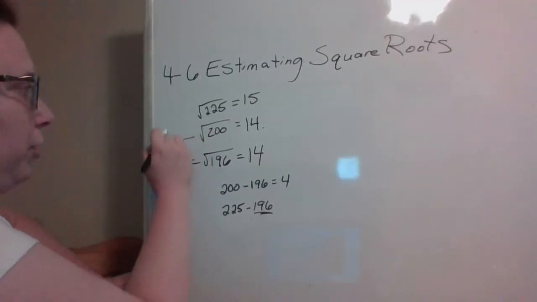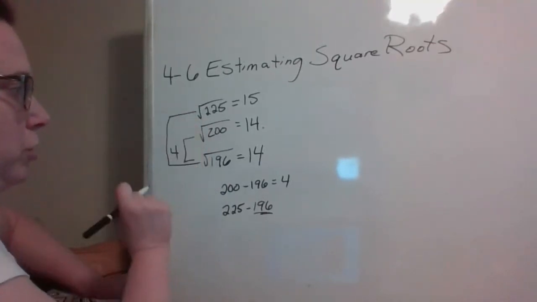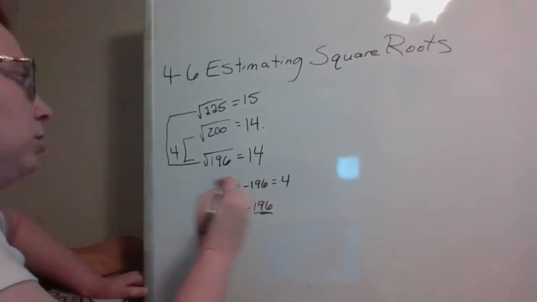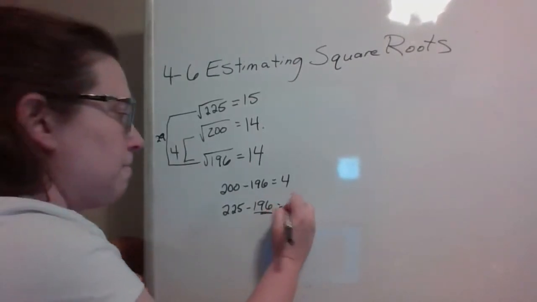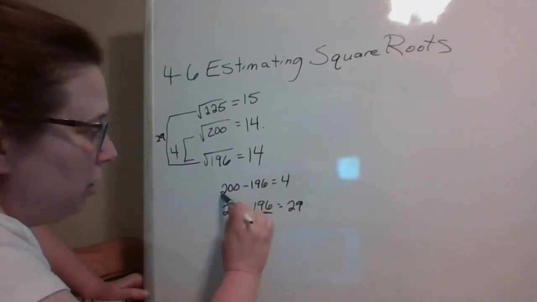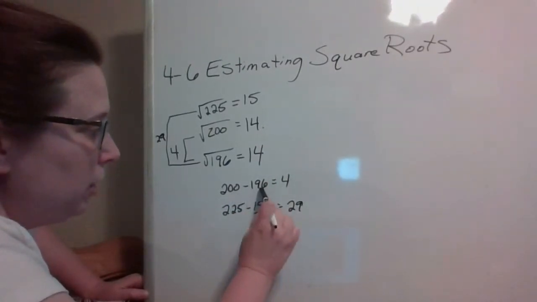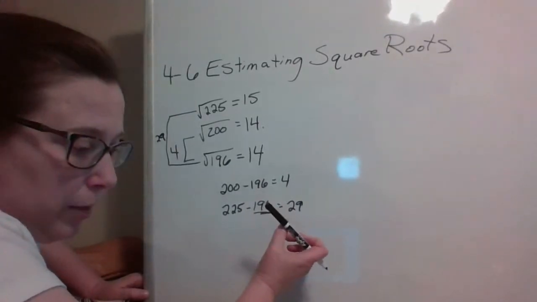Here you're actually figuring out the difference between your two perfect squares. So this would be 29. Okay, so we have the difference between our number that we're trying to estimate and our smaller perfect square, and then the difference between our two perfect squares.